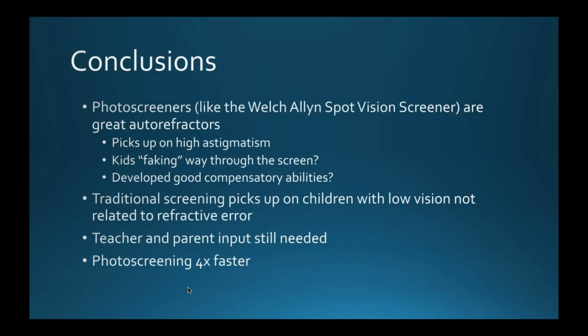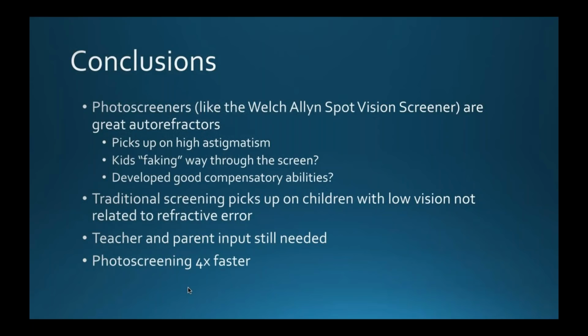And that's why teacher and parent input is still essential. If a teacher has a hunch or a parent has a hunch that their child can't see, they should still be referred for an eye examination. And finally, photo screening is 4 times faster than traditional based screening.